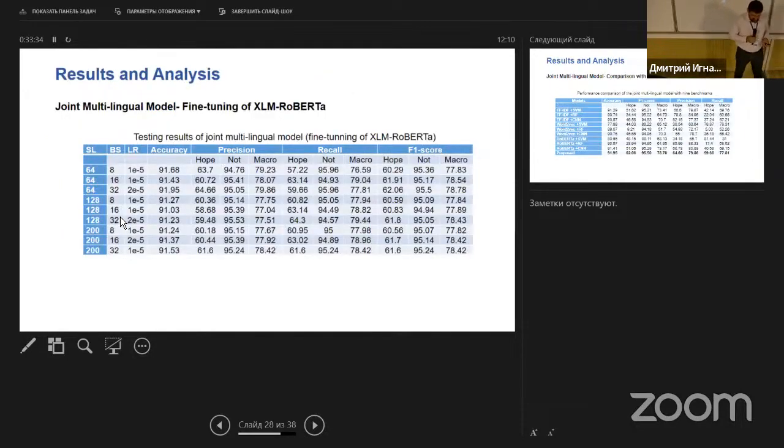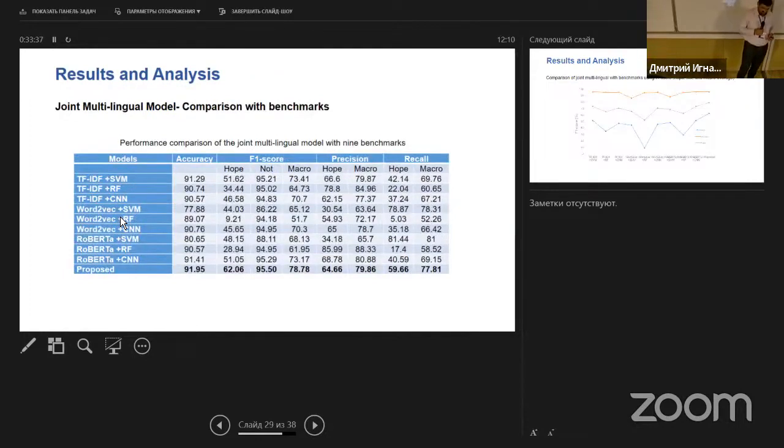Let me quickly show you the performance of the proposed methodology and the comparable models. Here, the joint multilingual framework was applied, and you can see the entry in this table. The last entry is the joint multilingual methodology. You can see it outperformed all 9 benchmarks, considering this joint multilingual, meaning we combine English and Russian data at the same time.